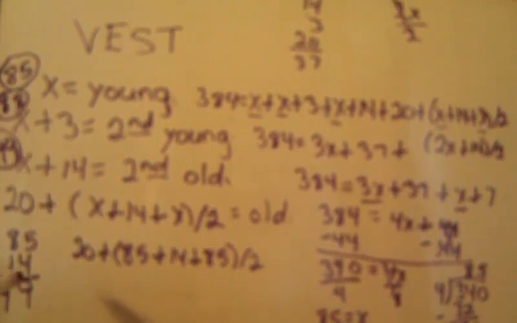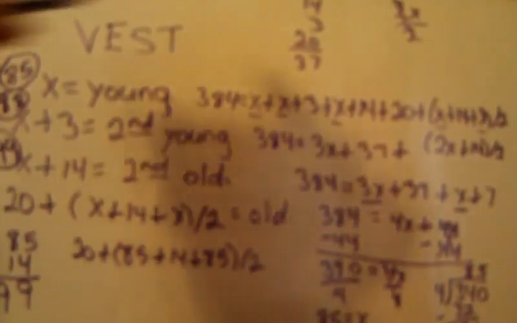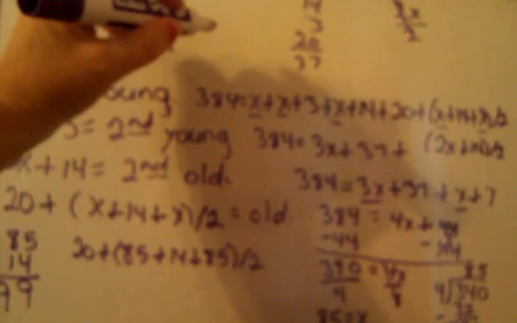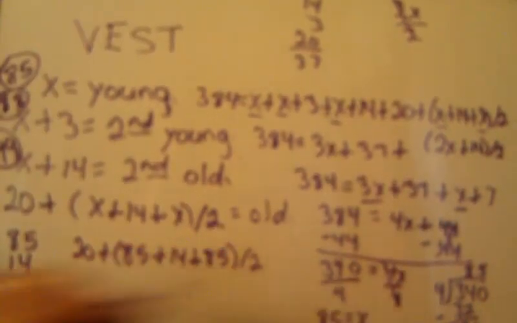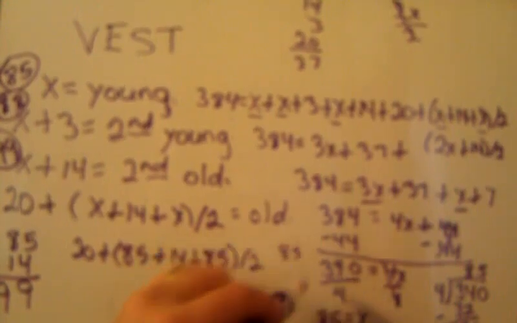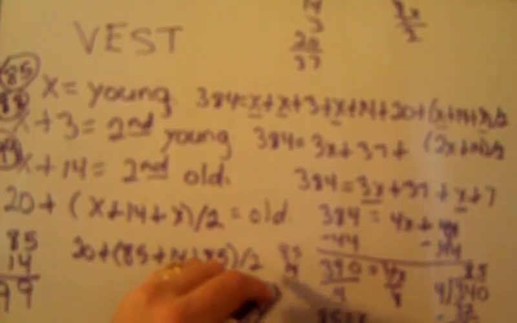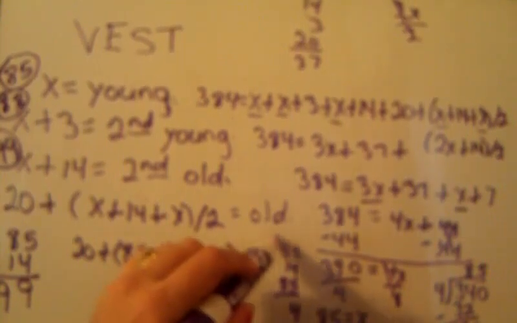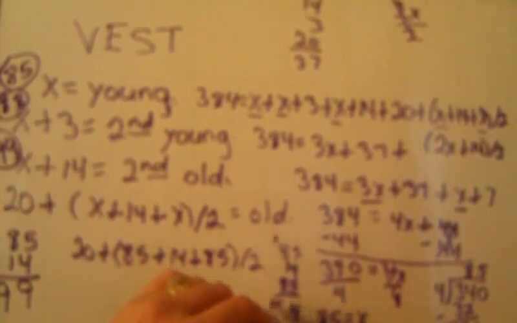Okay, you can use your calculator. I'm going to do this up and down. 85, 14, and 85. 10, 14, 10, 18.